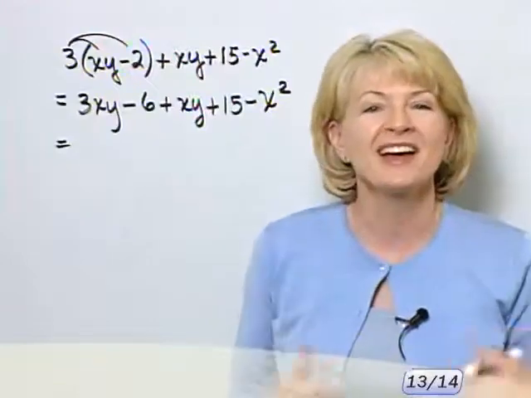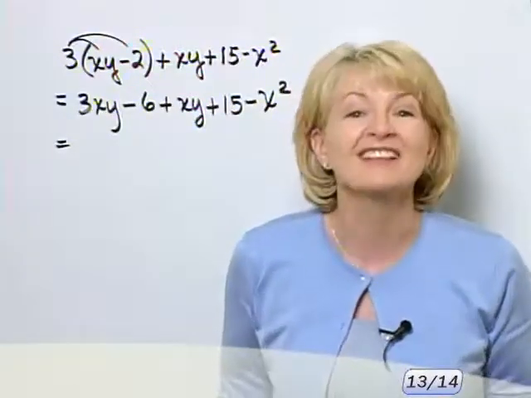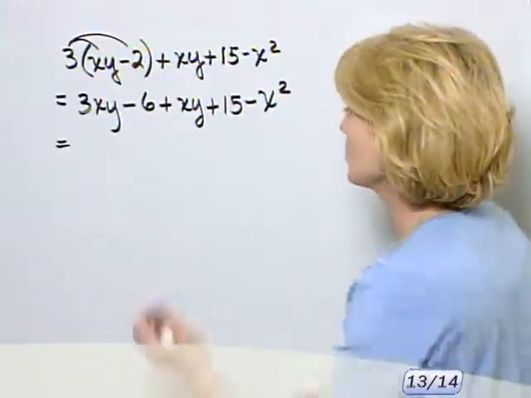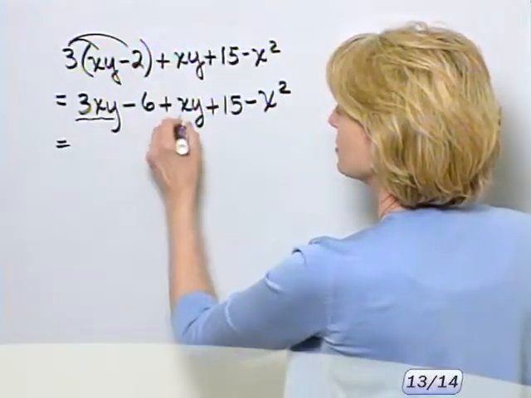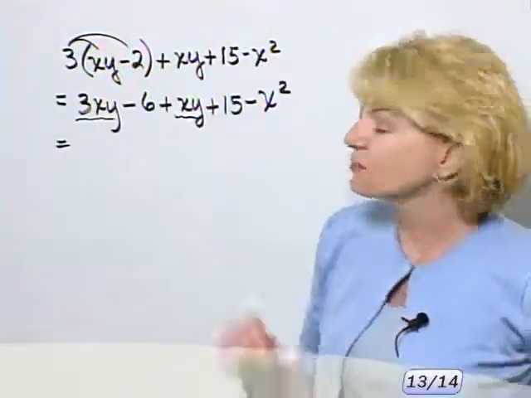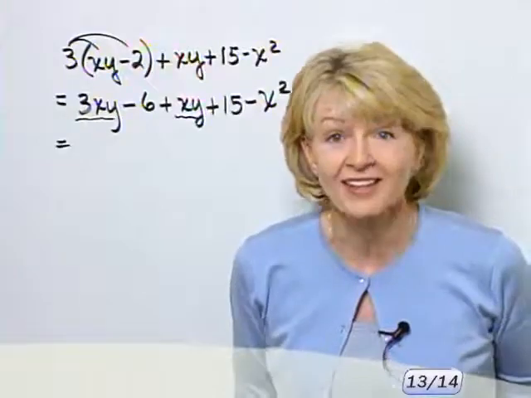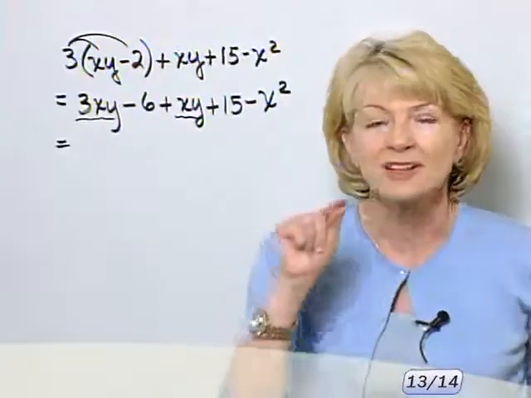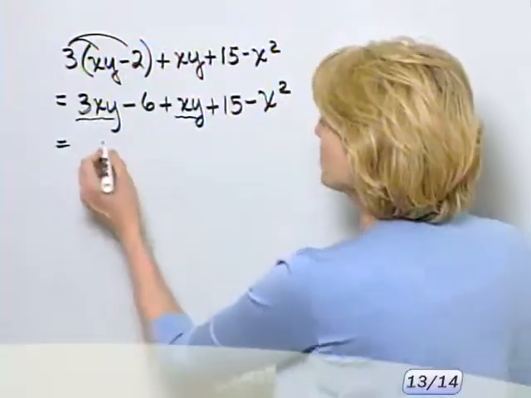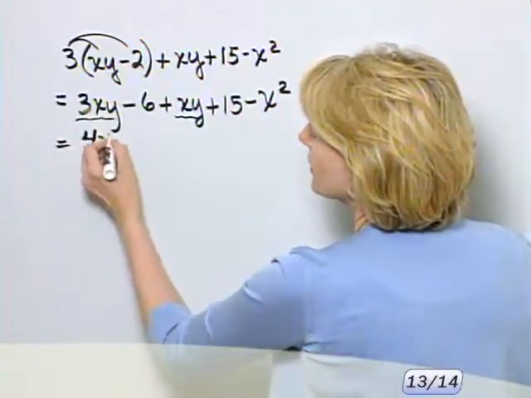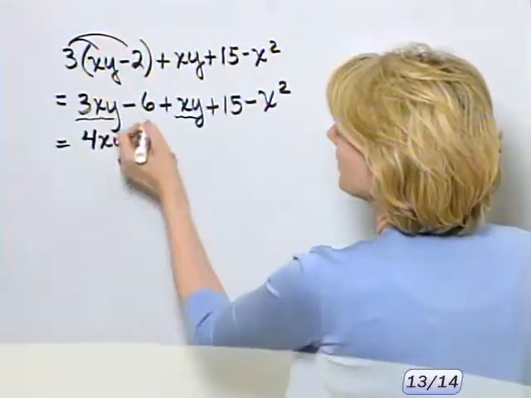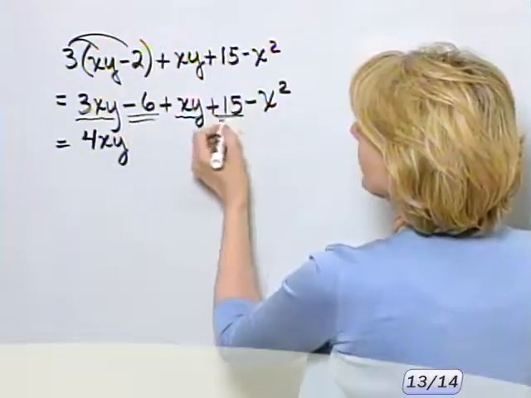Now that we've multiplied and parentheses are gone, let's look for any like terms. These two terms are like terms, and don't forget there's an understood 1. So this is 3xy plus 1xy, which is 4xy. And then these are constants.